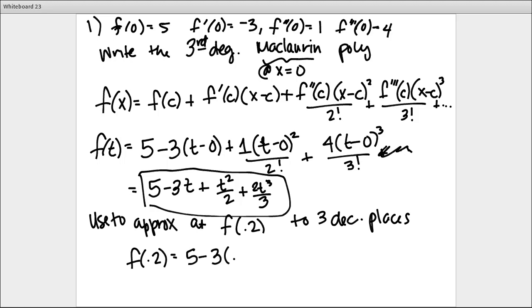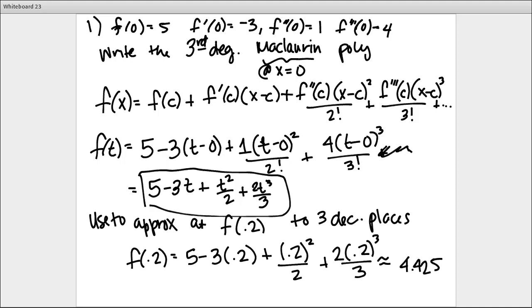So f at 0.2 would end up being 5 minus 3 times 0.2 plus 0.2 squared divided by 2, and then a 2 times 0.2 cubed over 3. Just put it all in your calculator. Hopefully I did it right. I should have double checked it, but I got 4.425 when I did that.